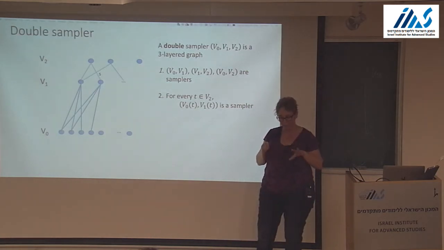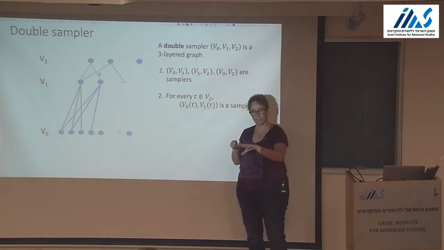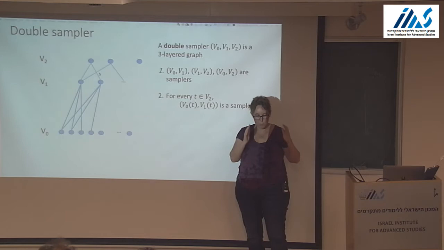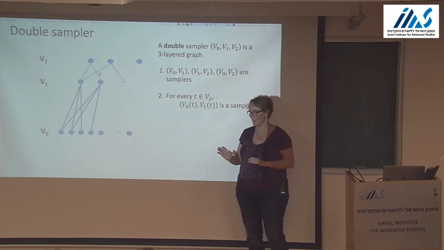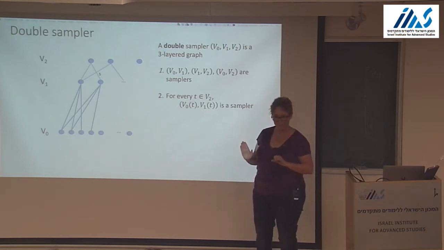So if you have a disconnected graph that has just stars like this, it's a very bad sampler because I'm going to take my function to be 1 on half the stars. All these neighbors are going to think that the expectation is 1. All these neighbors are going to think that the expectation is 0. And no one will know that the right expectation is 1/2. Is that kind of clear?